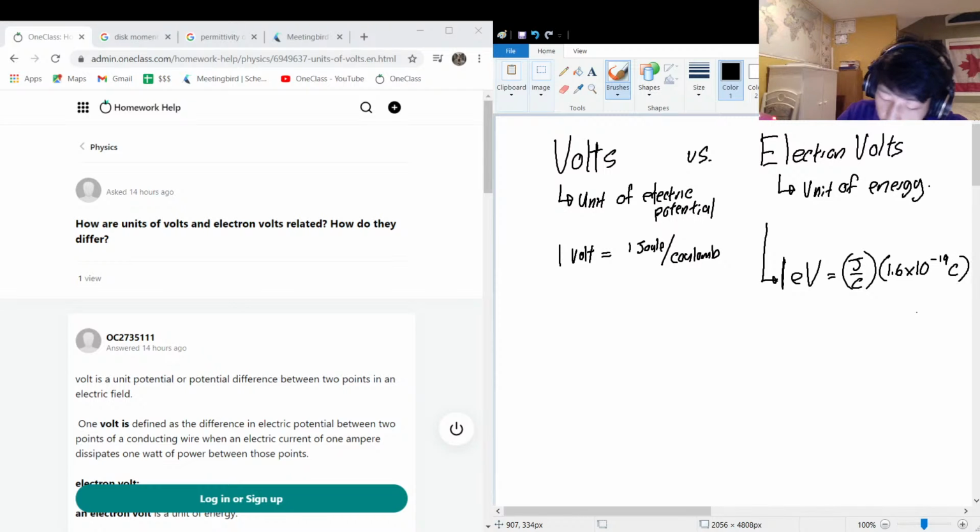And you see how the coulomb down here and up there neutralize each other, and we'd only have joules and this number left. So 1 electron volt is equal to 1.6 times 10 to the negative 19 joules.